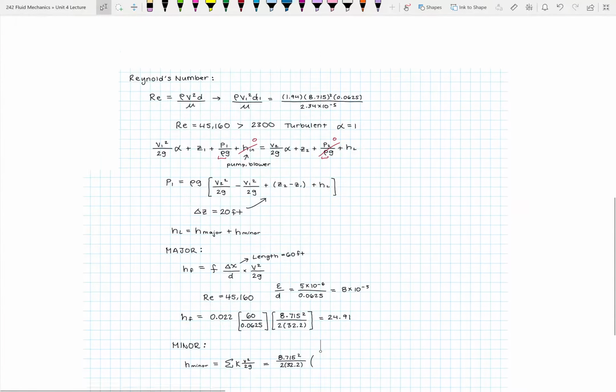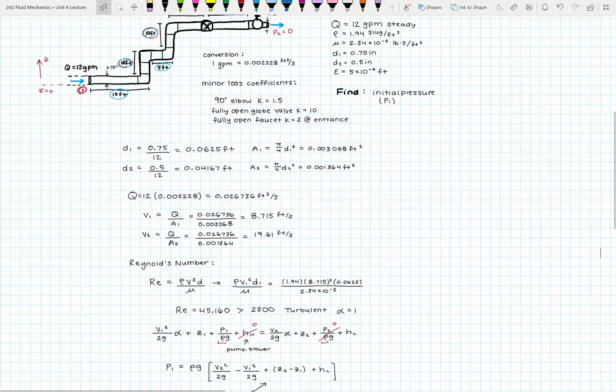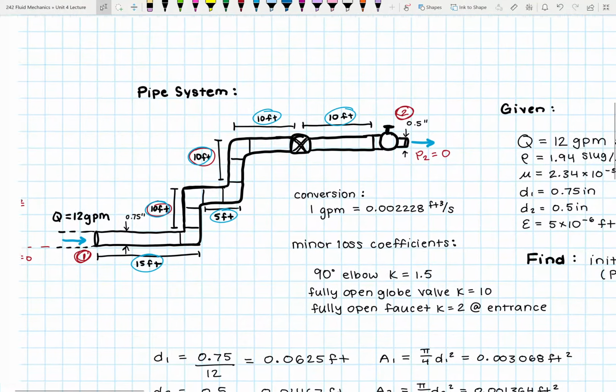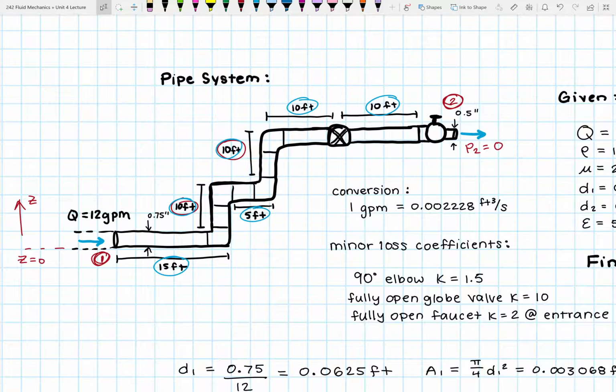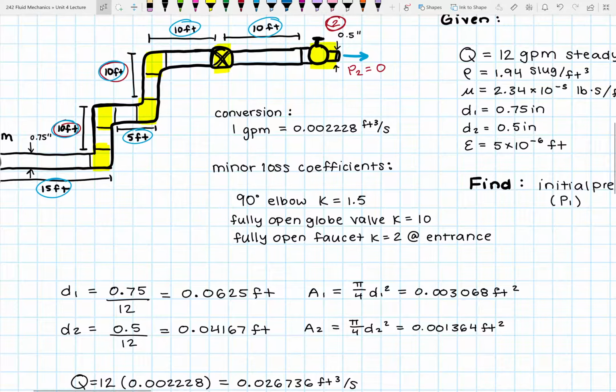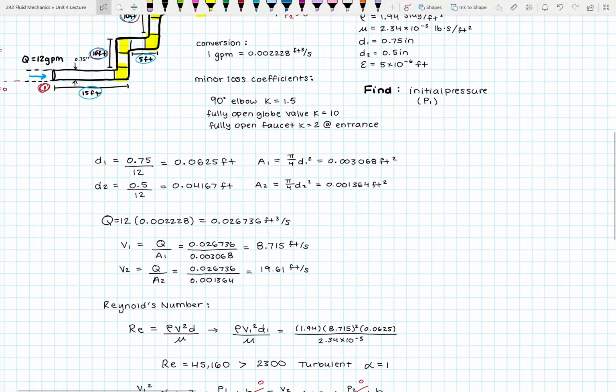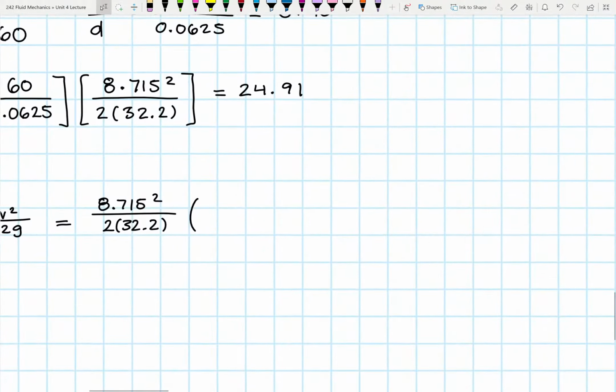If we take a look back here at our diagram, what do we have? Let's count our 90-degree elbows. We have 1, 2, 3, 4 of those, 4 90-degree elbows. We have 1 globe valve, and we have 1 faucet. So take note of the K values here, and then we're going to plug that information in.